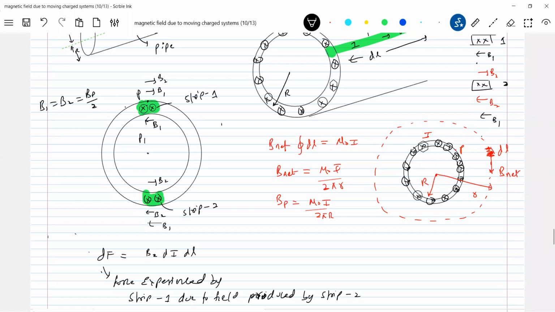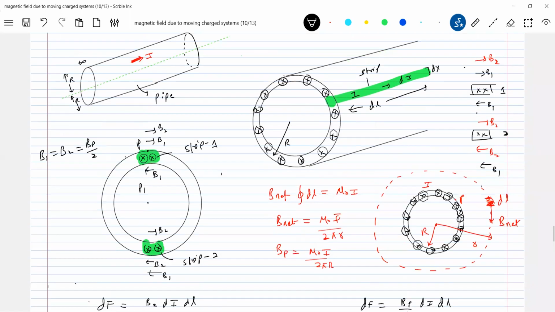Now what can you write? So this dF equals B2, which you can write as BP by 2, into dI into dL. Further, what is dI? We should write it. What is the current per unit length? I by 2 pi R, because the total current is I on the surface of the pipe. So lambda will be I by 2 pi R. This is lambda, not any other symbol, lambda, what we assumed.